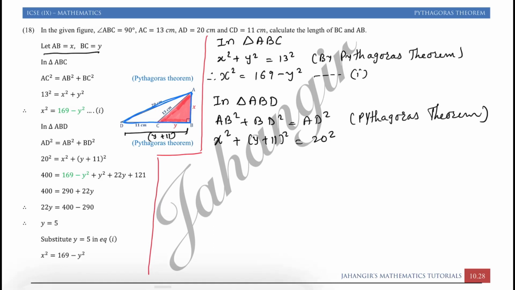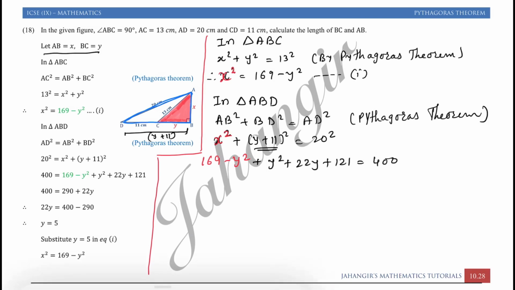So the value of x square I can resubstitute. Here, in place of x square I can put 169 minus y square, plus its identity, y square plus 11 twos are 22y plus 121, is equal to 400.